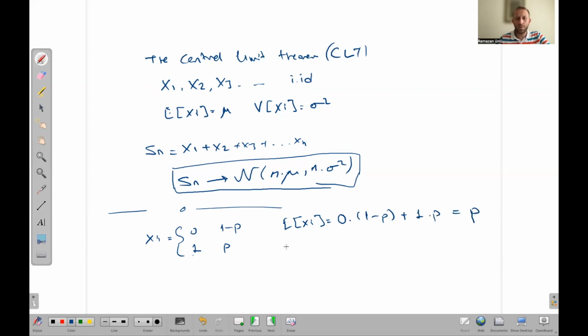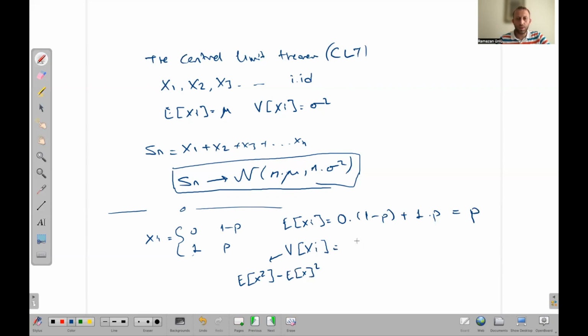And what is the variance of xi? Remember that it is the expected value of the second moment minus the expected value of the first moment squared.